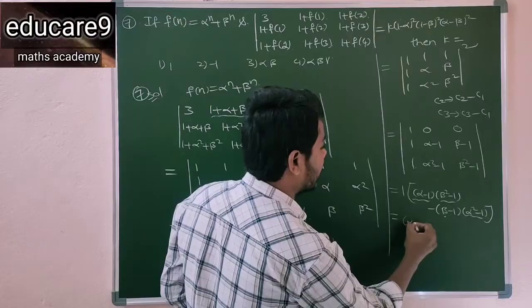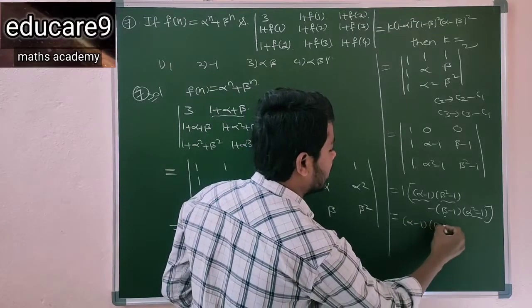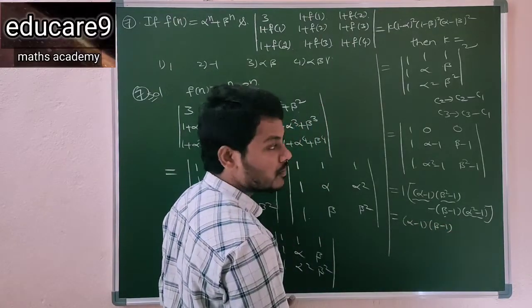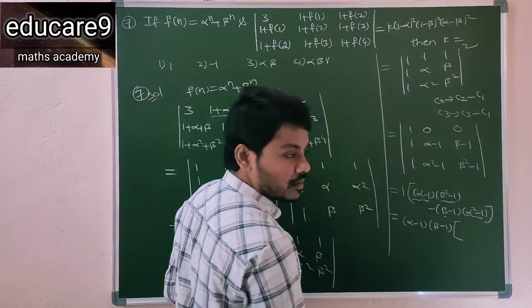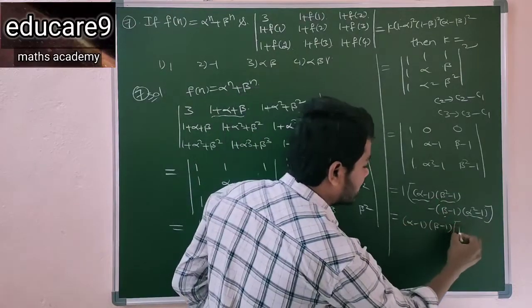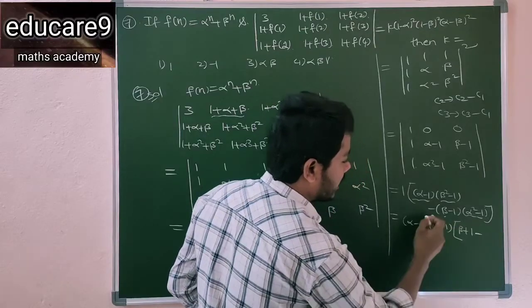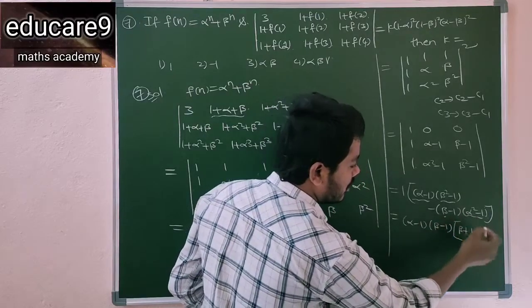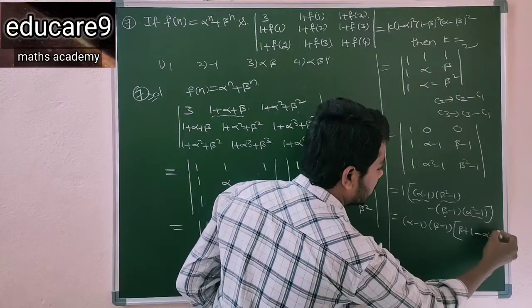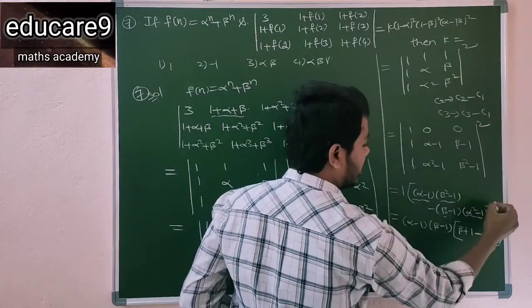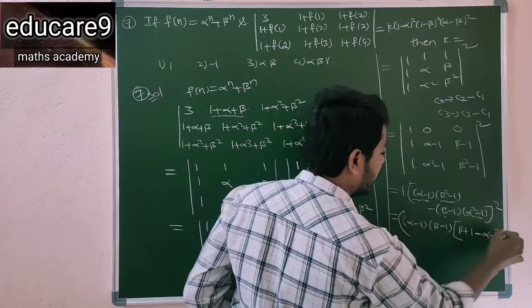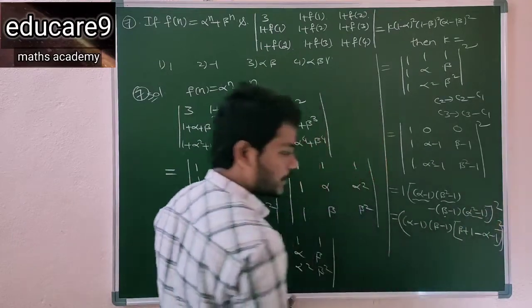So what you get? See here beta plus 1 left here, minus alpha minus 1. But here square is there, so write here square and square.